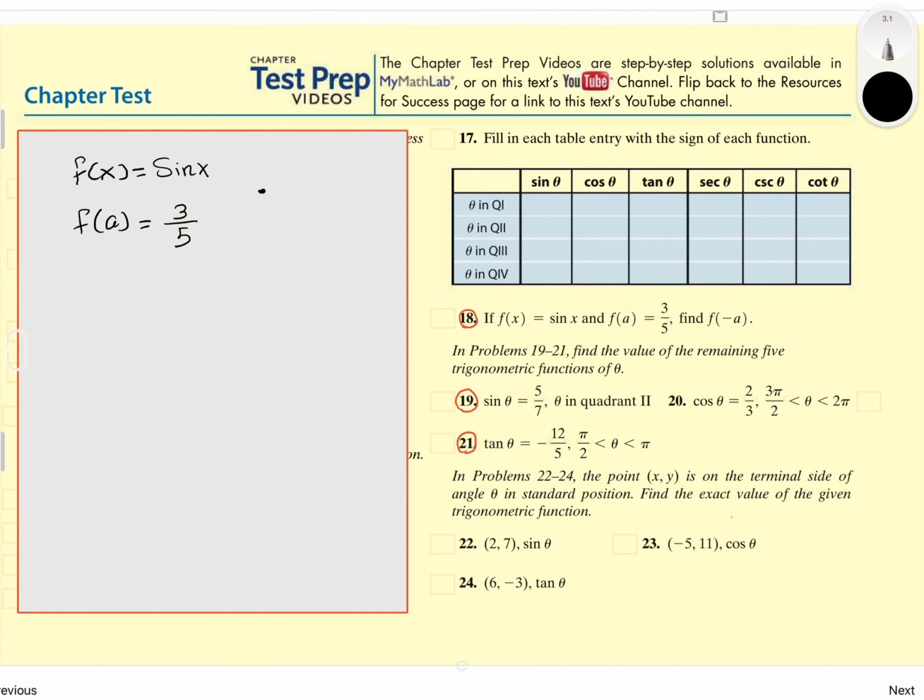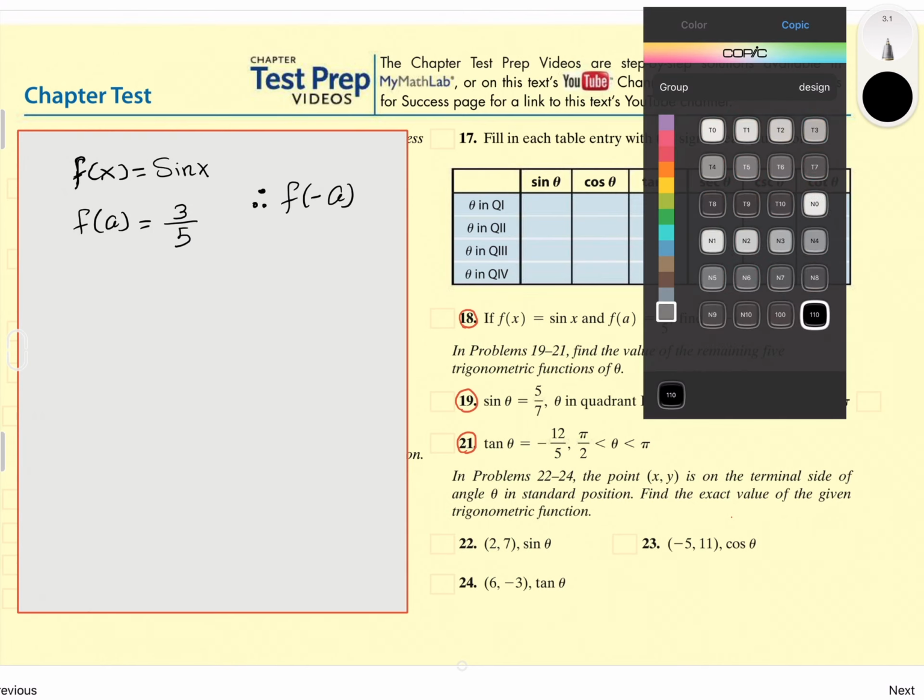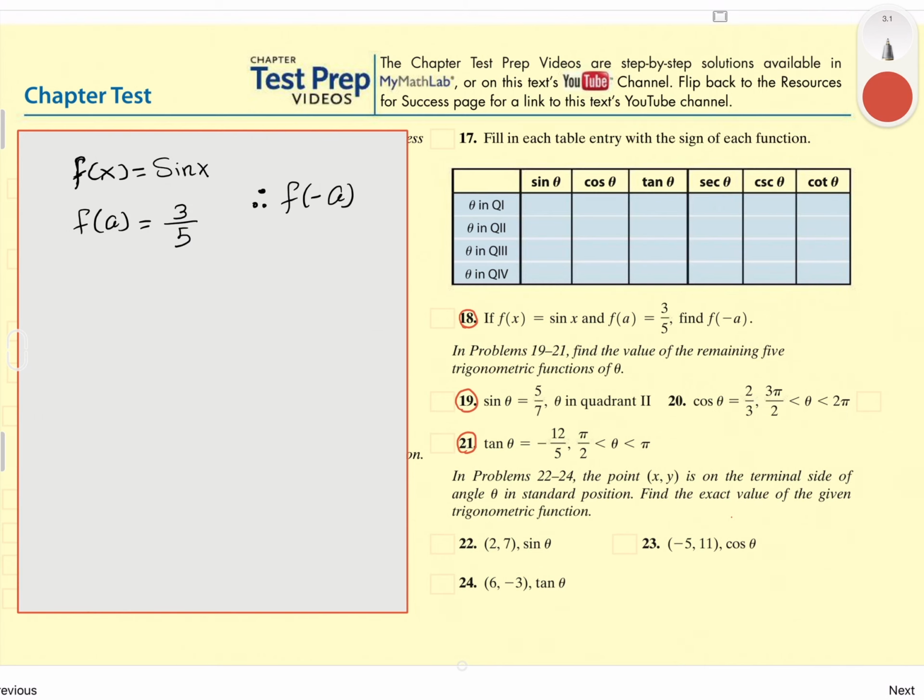They're asking us to find f of negative a. So we have a sine function. If I plug a over here, that means I need to plug a over there. That means f of a, which is equal to sine of a, the answer is 3 over 5.